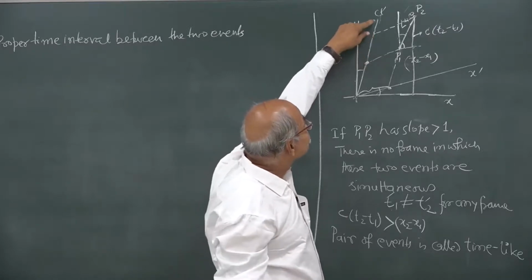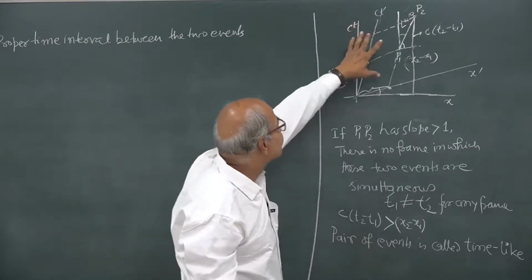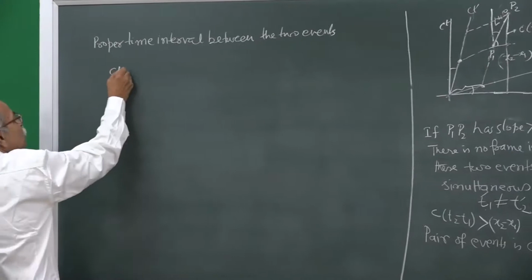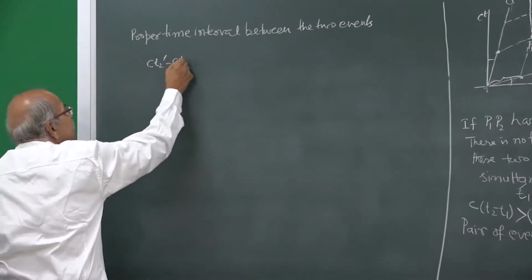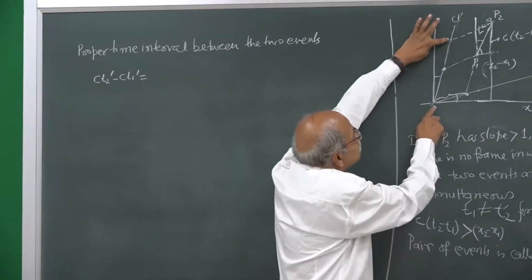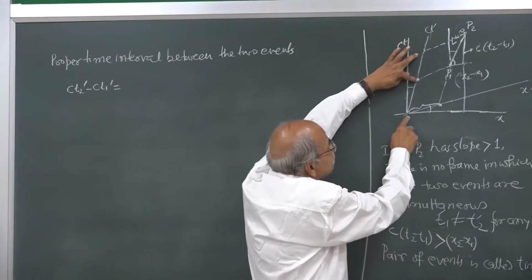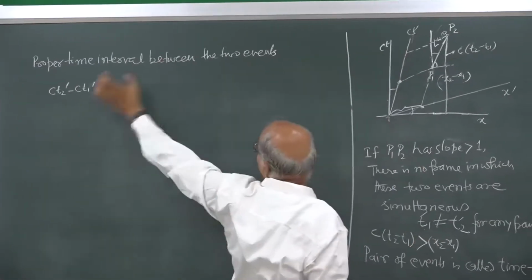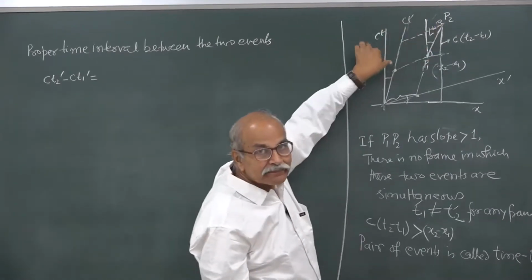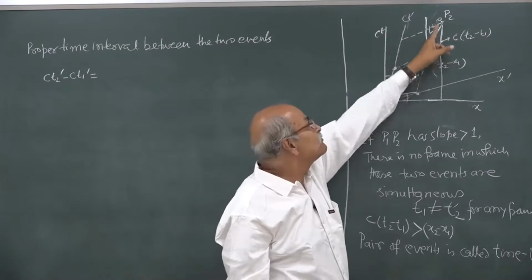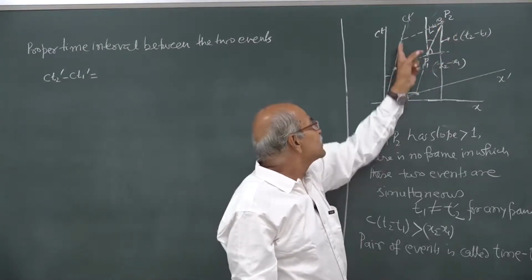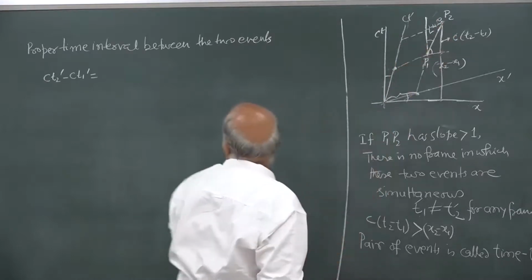So, on this diagram, you have CT2 prime minus CT1 prime, this is CT2 prime, this is CT1 prime, and this is that difference, which is same as P1, P2. This is a parallelogram. P1, P2 is parallel to this, which is parallel to that. So, this separation is same as P1, P2.